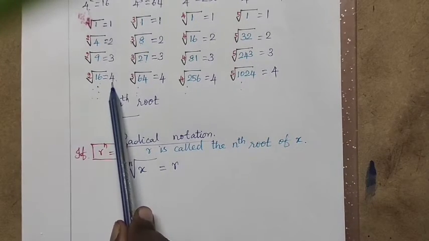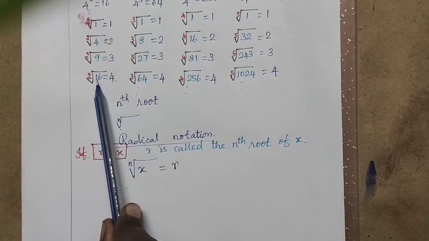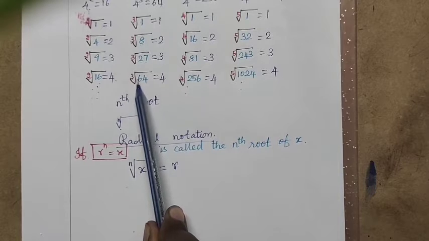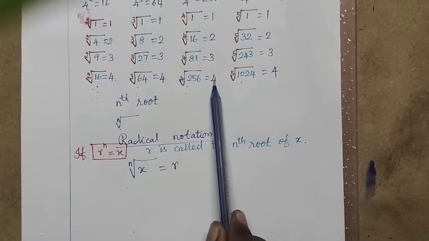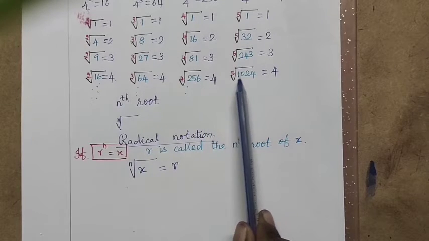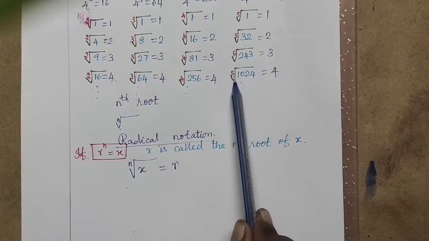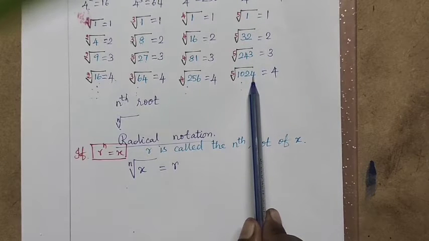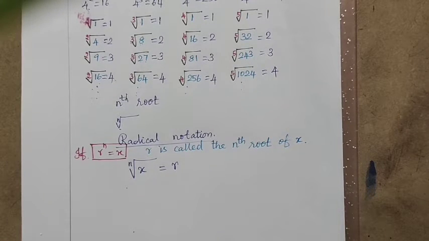In that way, 4 is the square root of 16, 4 is the cube root of 64, 4 is the fourth root of 256, 4 is the fifth root of 1024. Are you clear now?